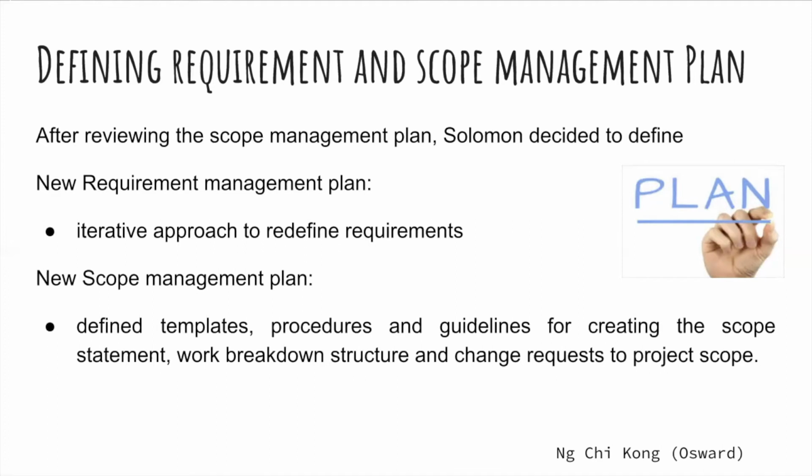Solomon defined templates, procedures, and guidelines for creating the scope statement, work breakdown structure, and change requests to project scope. He also defined a way to maintain and update the work breakdown structure by holding meetings with all involved workmen of the project in order to keep track of the progress of the project development.